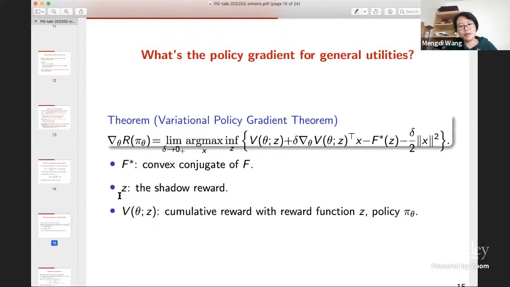Because we're dealing with a nonlinear concave utility f, we can simply go to its Fenchel dual, and we're going to introduce a dual variable, which can be viewed as the shadow reward function. We no longer have reward, but in the dual form, we have a shadow reward, which is the dual variable.